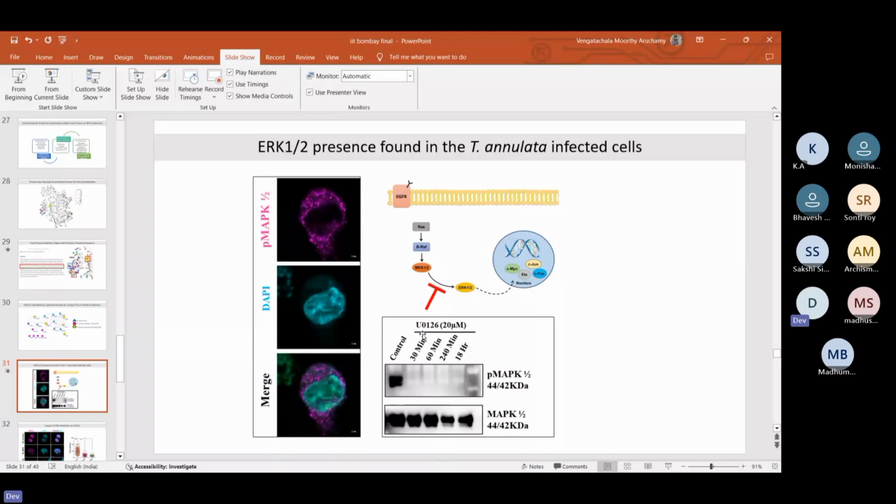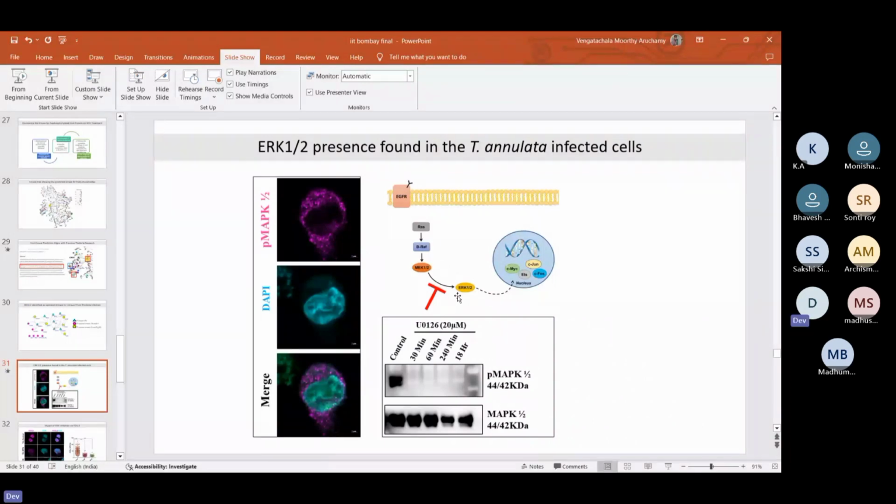So we have taken U0126, an important inhibitor which inhibits MEK1/2, which is upstream of ERK. Targeting MEK1/2 will lead to dephosphorylation of phospho-MAPK, or no phosphorylation of MAPK, leading to decreased activity and decreased expression.